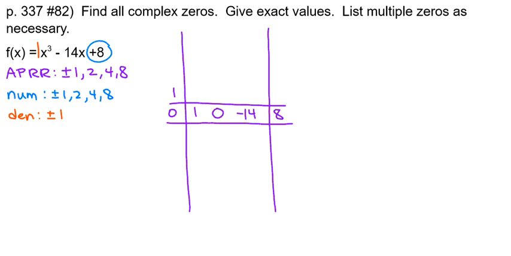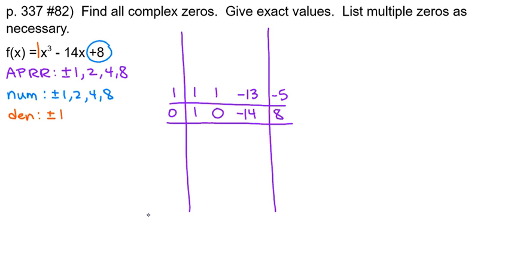So put a 1 in the box. That's for testing out x equals 1. Bring up the first number. 1 times the number in the box plus the next number in the 0 row. Negative 13 times the number in the box plus the next number in the 0 row.